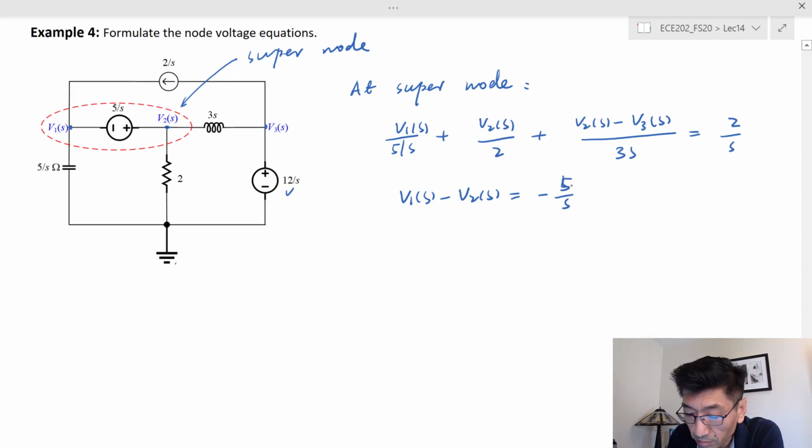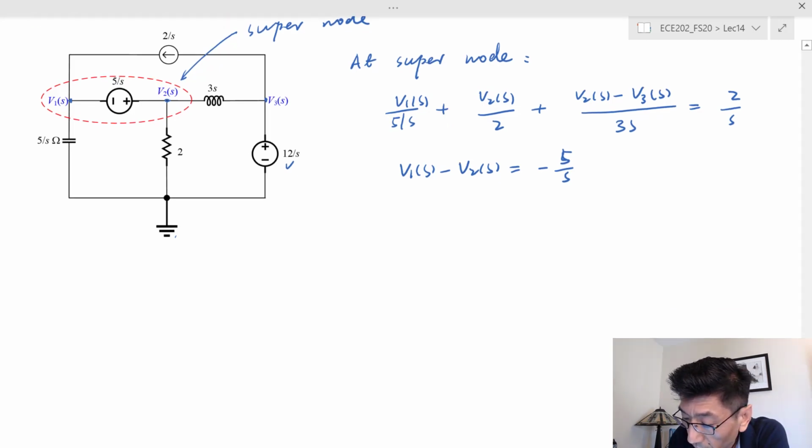Or you can write V2 minus V1 equal to 5 over s, and that's fine too. There is no certain convention we have to follow, because now we cannot write anything by inspection anymore. So for node number 3, we have V3 equal to 12 over s. So these are 3 equations we get.